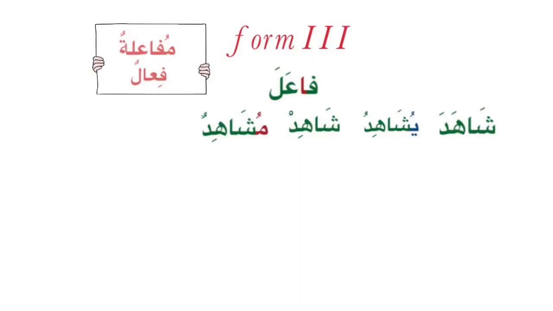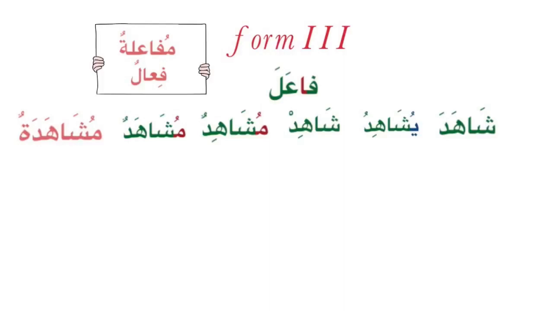See the kasra, so it is ism fa'il, and mushahadun is your ism maf'ul, and what we're looking at is the masdar will be mushahadatun. So what is shahada means? So shahada means he watched or he witnessed.